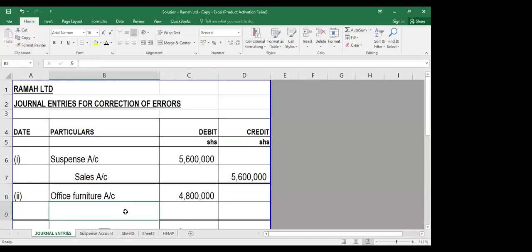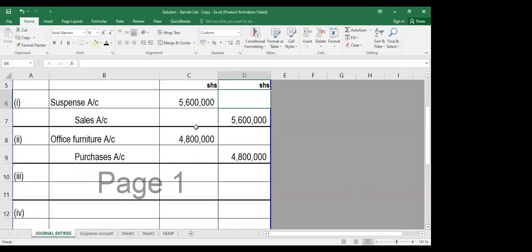Then we are going to credit, because remember we had debited it wrongly, purchases account with the 4.8. That is how we shall correct that error.